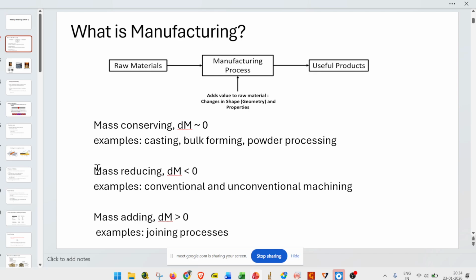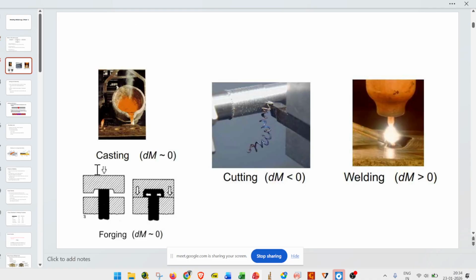In the third category, we are adding mass, such as joining. Welding also comes under this mass addition category. In this case, if I take 1 kg of raw material, the final product will be more than 1 kg because I am using a filler wire to join the two materials to get the final component. So welding comes under this category.